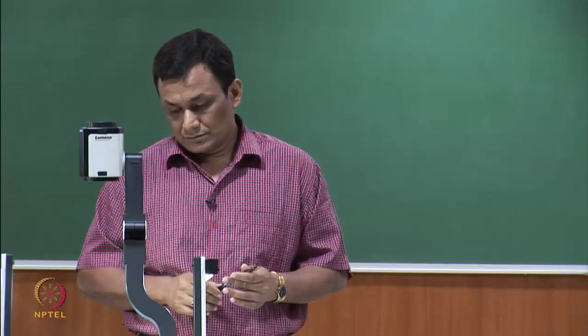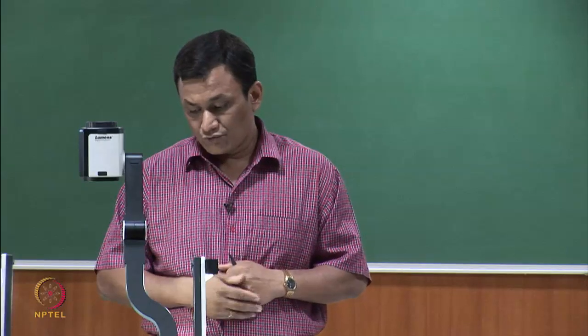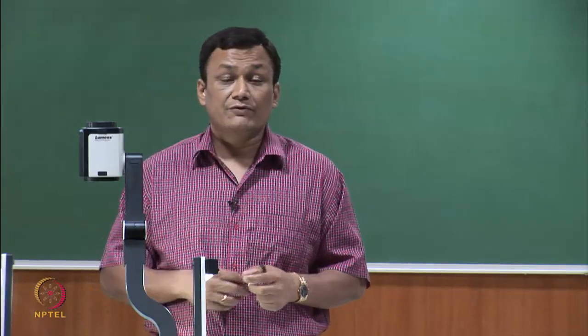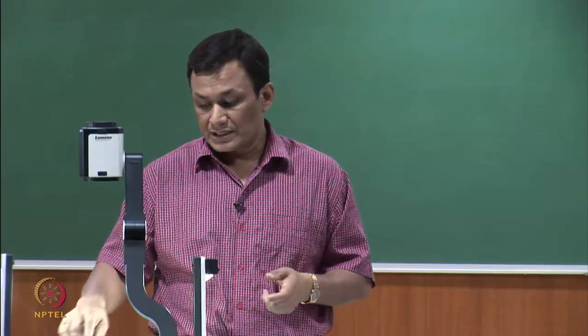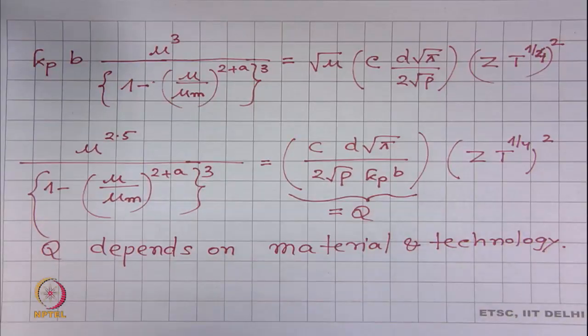As of now, it is impossible to find out the value of Q experimentally, because a lot of parameters are unknown. Kp is unknown, B is unknown, C is also not well known. So, it is not possible to determine experimentally the value of Q. However, it is possible to find out the value of Q by some other means that we will discuss today.